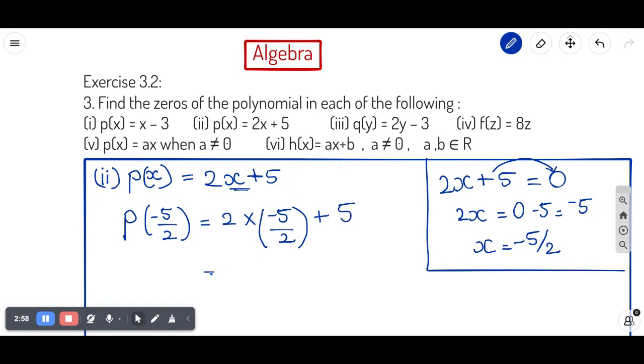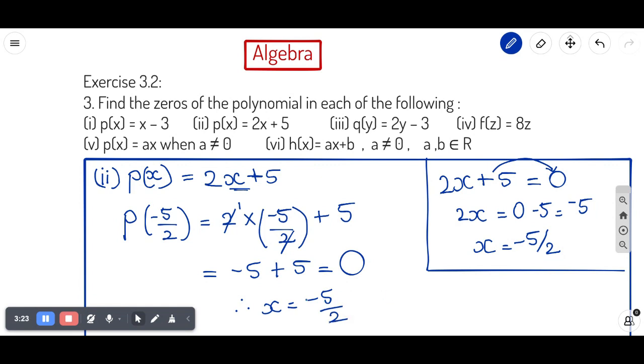So here the 2 and 2 get cancelled, and that will be minus 5. So minus 5 plus 5 is equal to 0. So we have got p of minus 5 by 2 is equal to 0. Therefore, x is equal to minus 5 by 2 is the 0 of the polynomial.